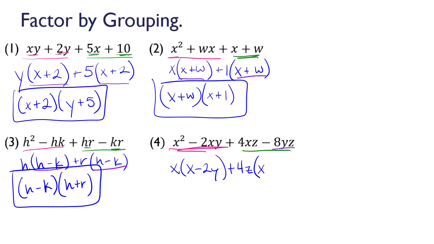If I divide this by 4z, I'll get negative 2y. All right, and there we can see we have our matching binomial. So now that becomes a common factor. We can bring that out to the front. And our leftovers are going to be x plus 4z.